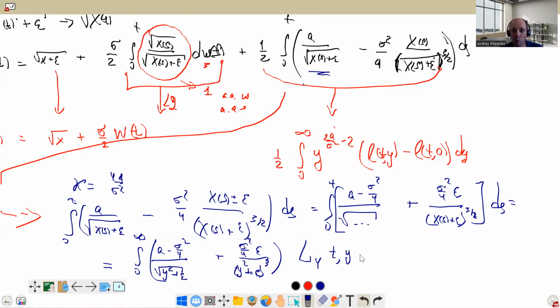And then I use the function L small times y to the power kappa minus 1, where kappa is 4a over sigma squared, dy. And now I would like to pass to a limit as epsilon tends to 0 and to obtain somehow L_t(0).